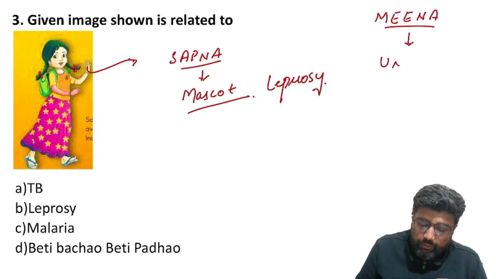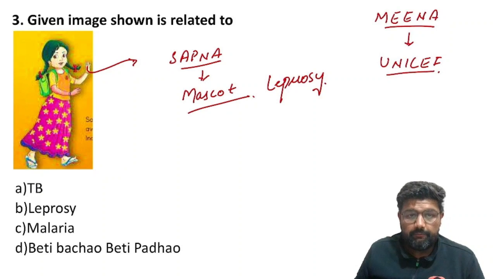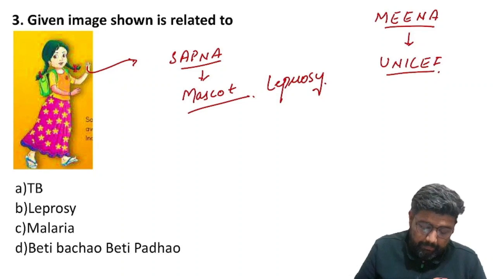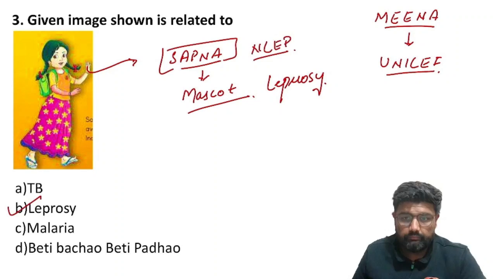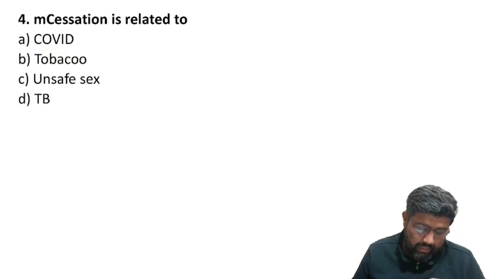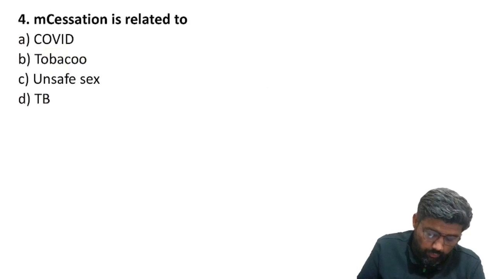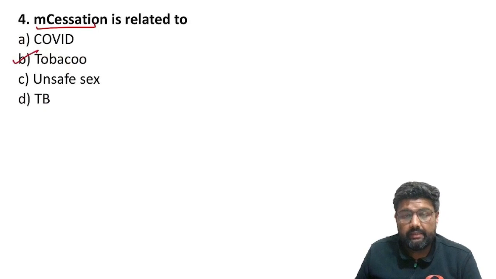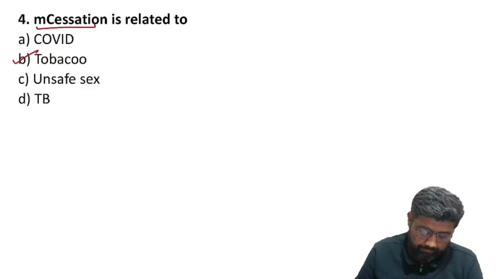Meena is UNICEF mascot for leprosy. Sapna is NLEP mascot. M cessation is related to tobacco. It is related to tobacco cessation.